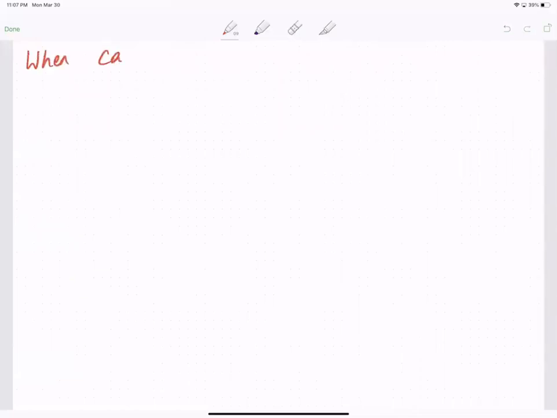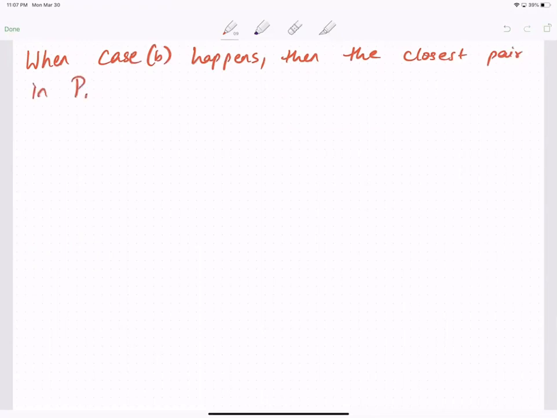When case B happens, then the closest pair in Pi is reported, and hence alpha i as well.